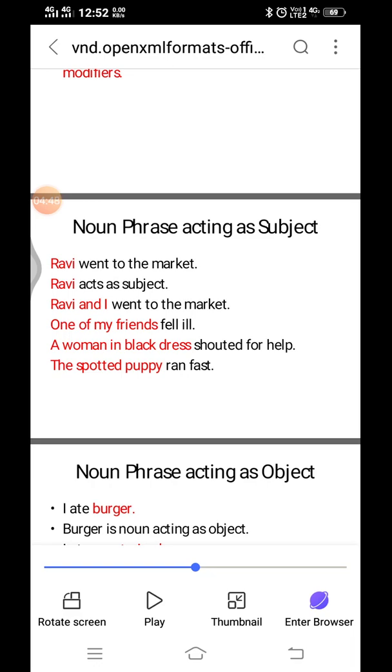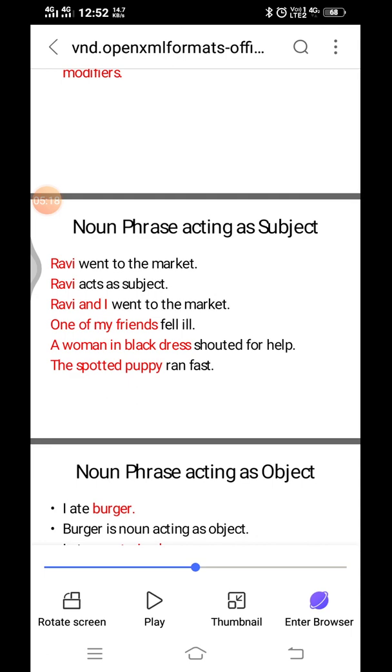Then moving on to the next sentence, a woman in black dress shouted for help. Now, I told you before, looking out for a subject, we need to look out where is the verb. So, shouted is the verb. So, something that comes before that, the whole group over here, a woman in black dress, is acting as a subject.